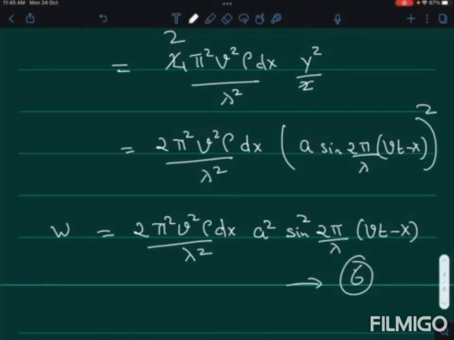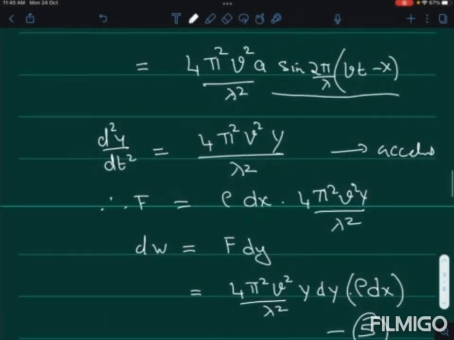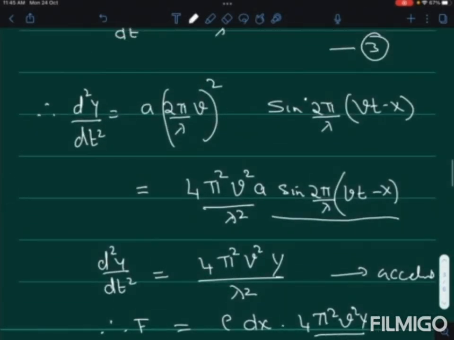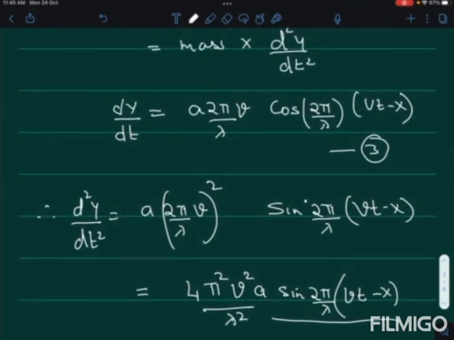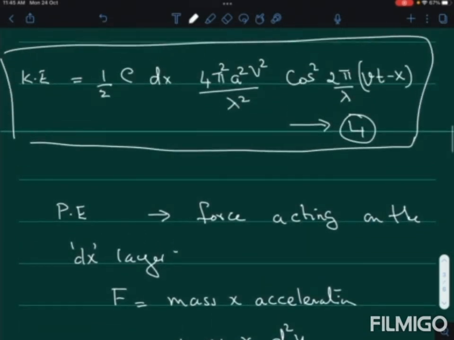And again you can see that the equation, where's my potential energy? Okay, equation 4 is my kinetic energy. So I can just put all this together. This is the kinetic energy.